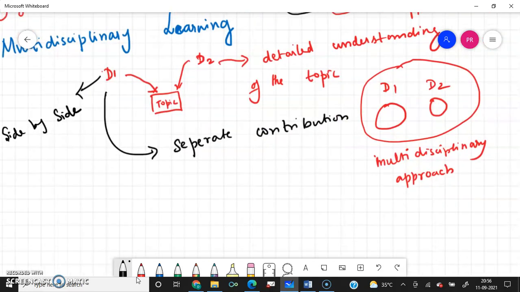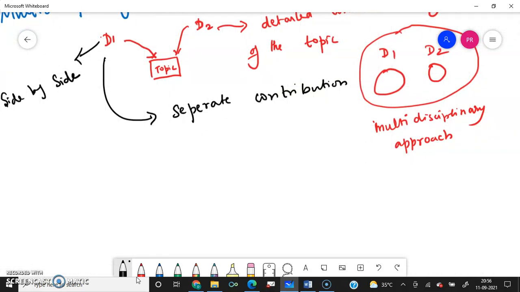Now we'll go to the characteristics of multidisciplinary learning.